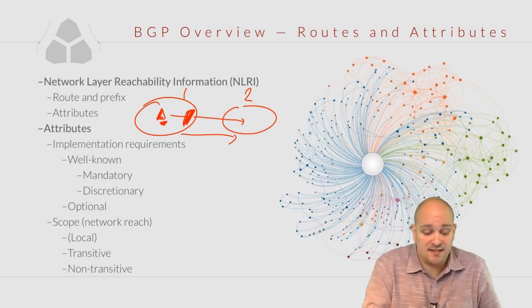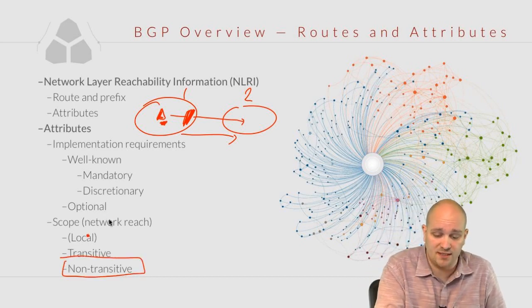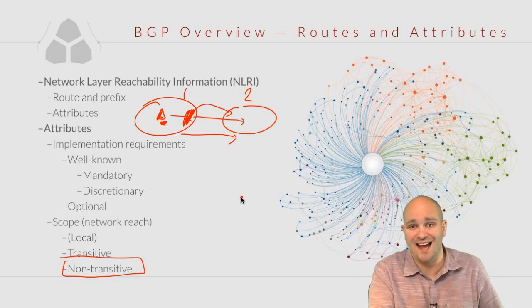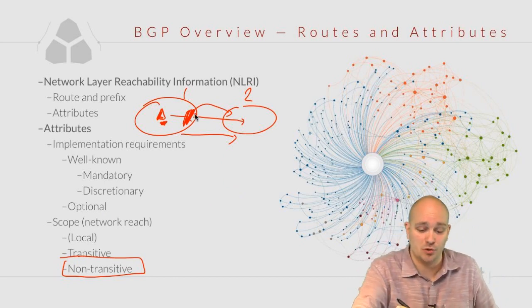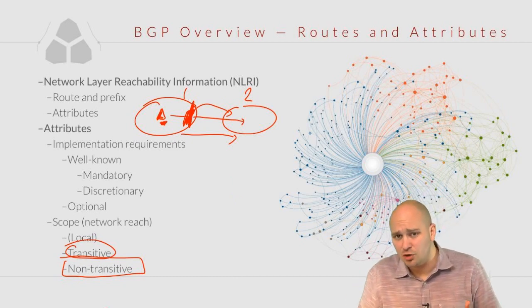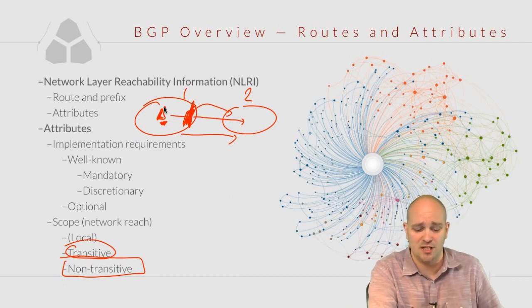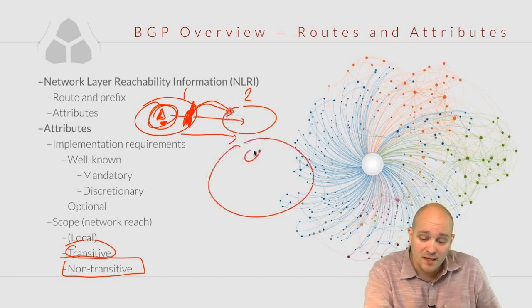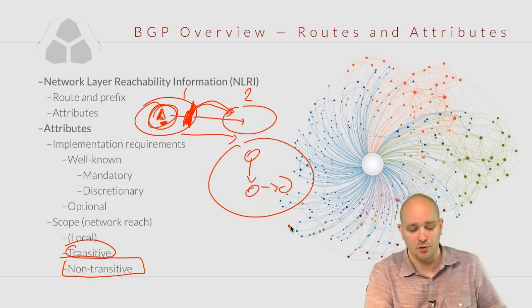Another thing is that we cannot make a non-transitive attribute go across the AS. It is not going to happen. So it will stop here, but we can change, for example, the transitive attribute as it goes here. Whatever that transitive attribute was in this AS, on this peering session, we could change it, or even internally in the AS, we can modify these attributes.